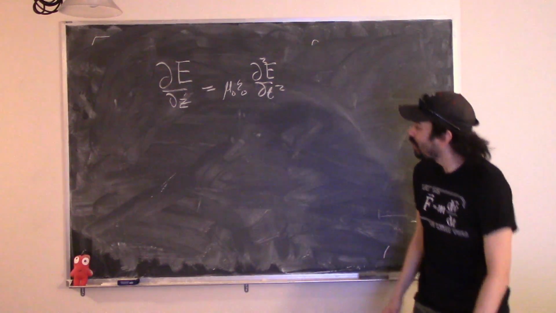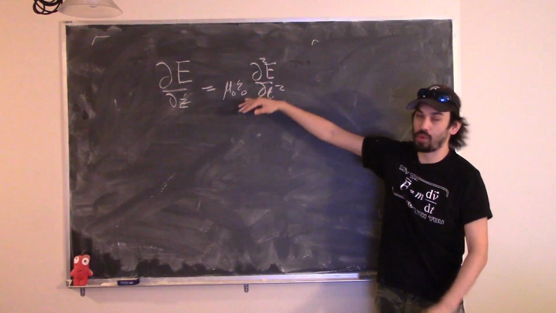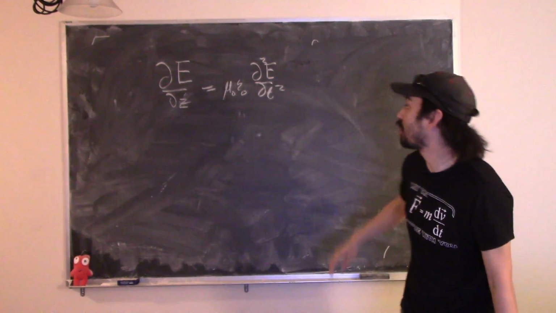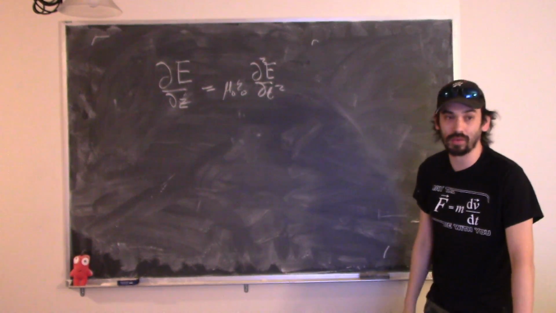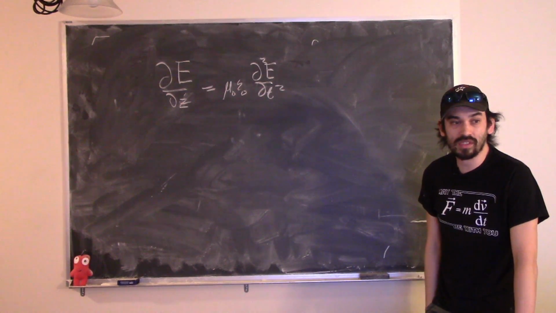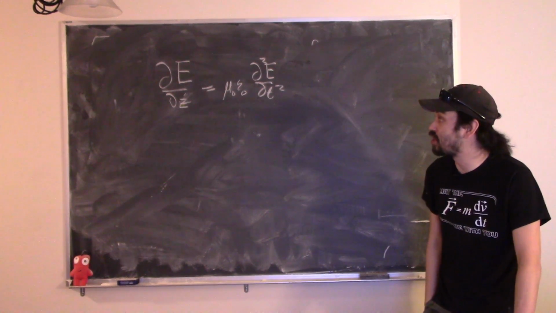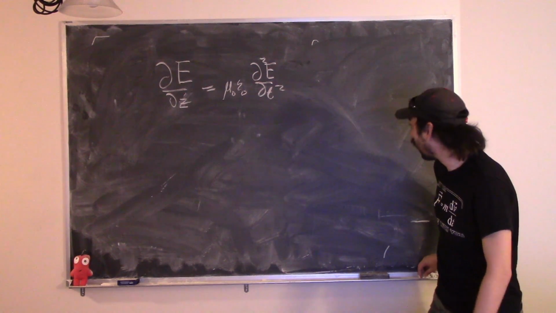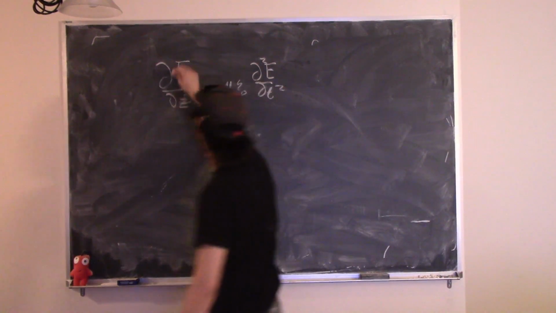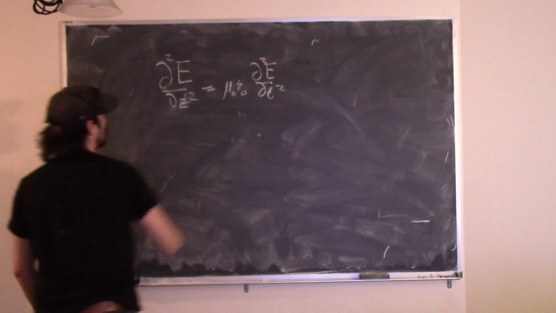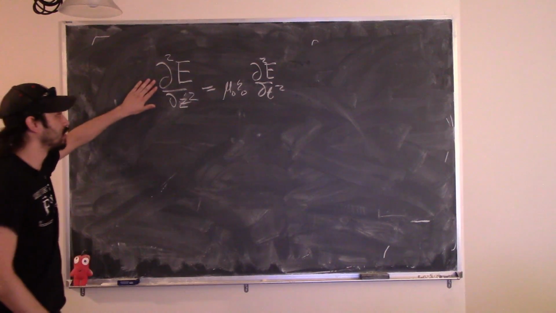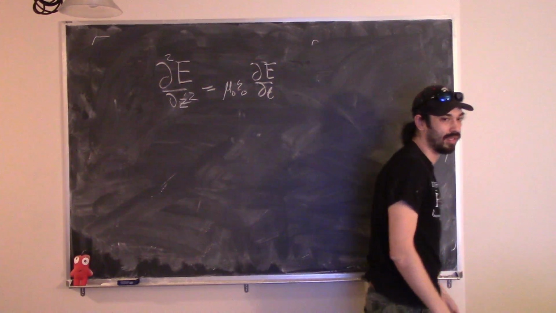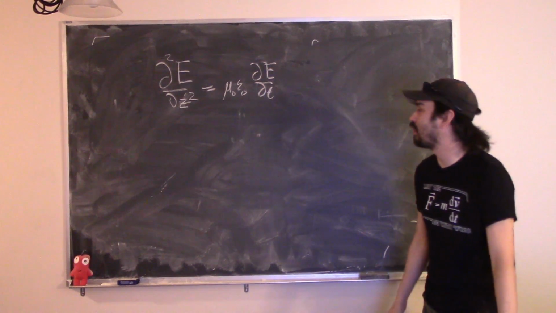So imagine I give you four equations like this, and you have to decide whether the equation that I gave you is or is not the wave equation. This is an example of something that's not the wave equation. Why? Because the wave equation has second derivatives in space. Now this is the wave equation. But it's not too hard to write something that looks kind of like the wave equation, but isn't.